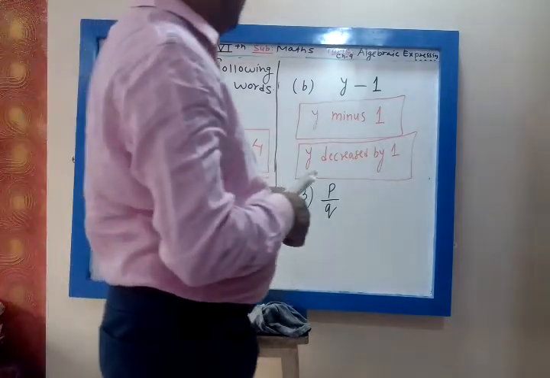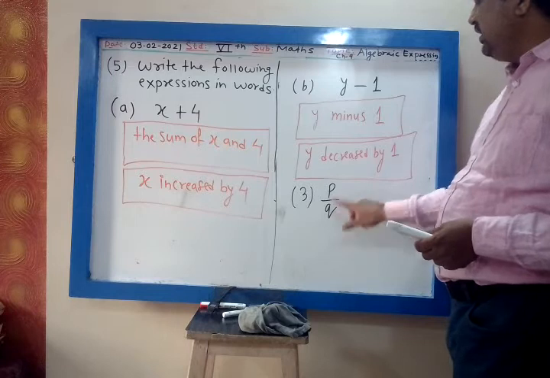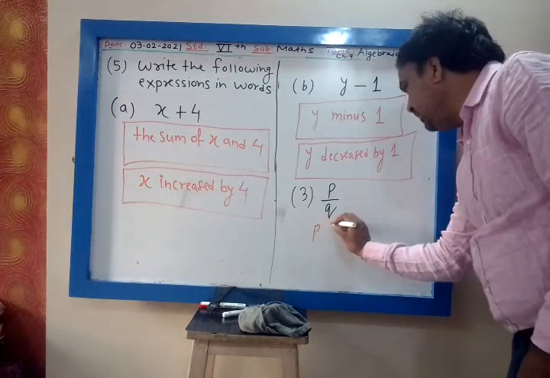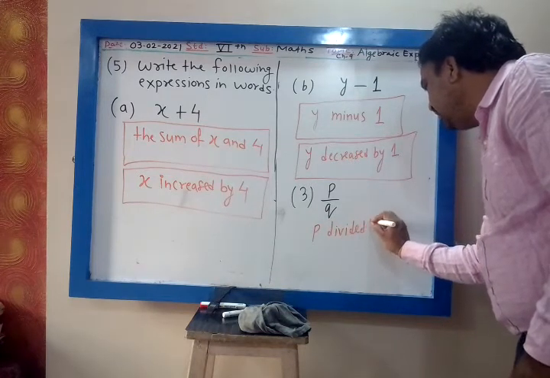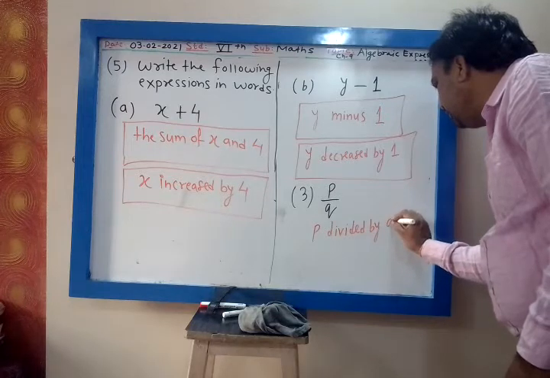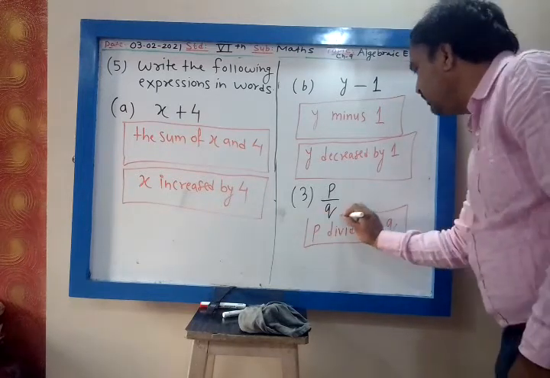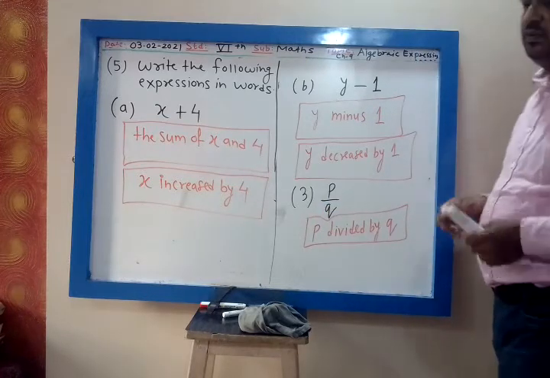You will read this as P divided by Q. This is the statement. P divided by Q. P upon Q.